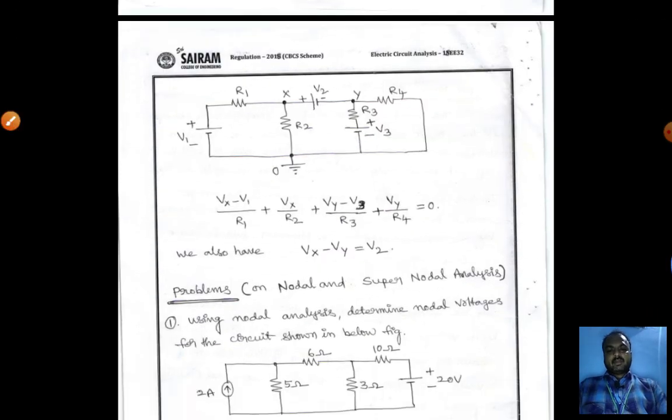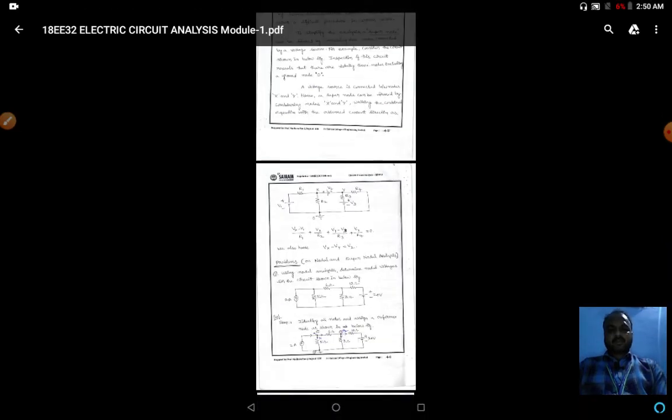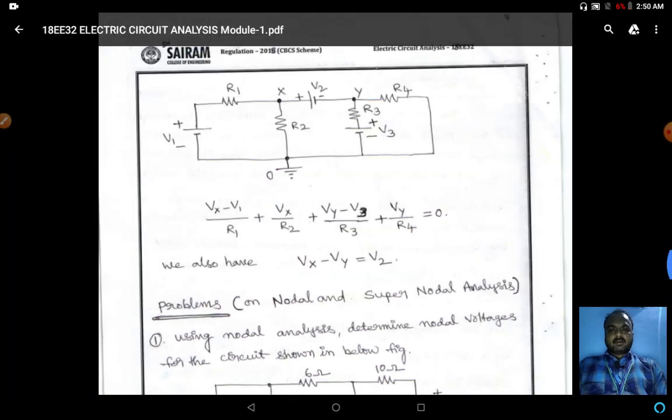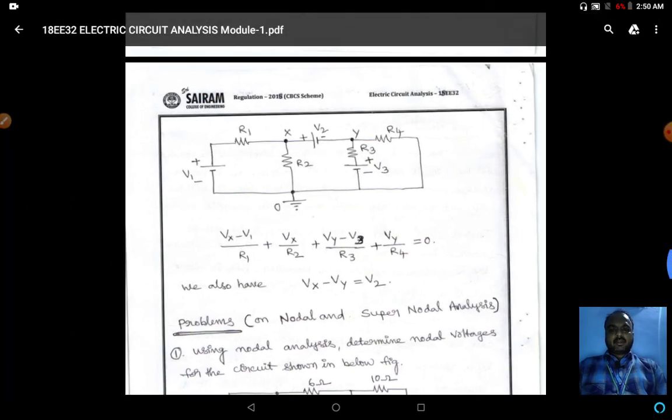Here we will see how we can write the equation. Suppose we are calculating at node X, we can write I1 plus I2 plus I3 plus I4.